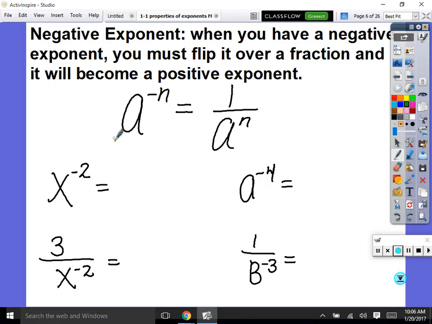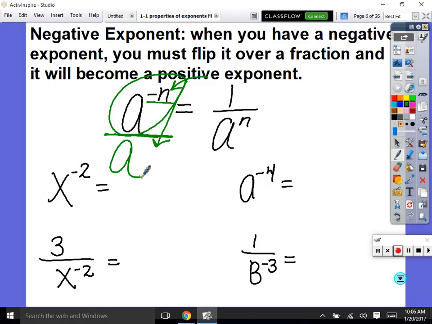So everybody look right here. This is the rule you would write down. Base a raised to the negative n power. You see how my exponent is negative? That's considered not simplified. So what we would do is draw a line down here, take the entire base, and flip it down over the fraction, so that puts it on bottom. Everybody see?